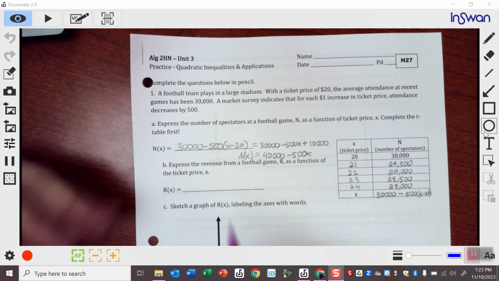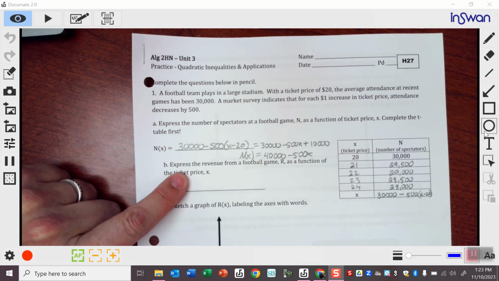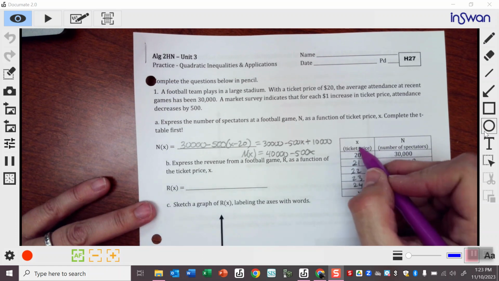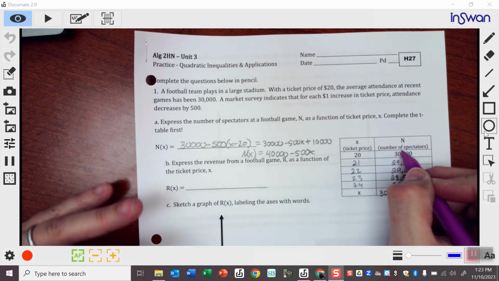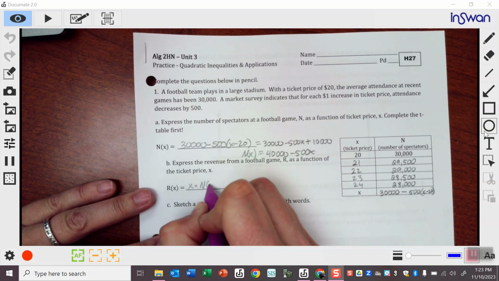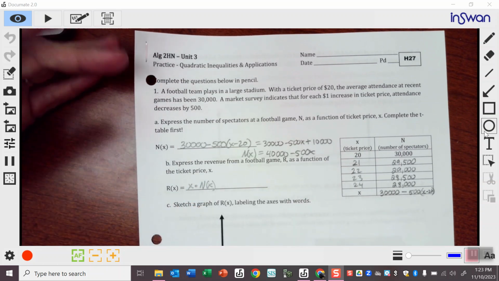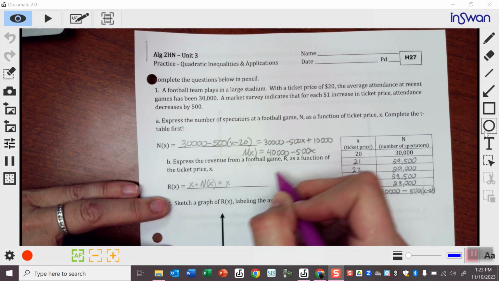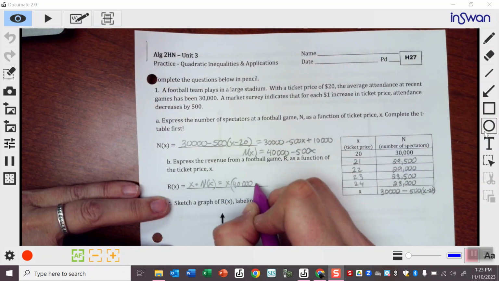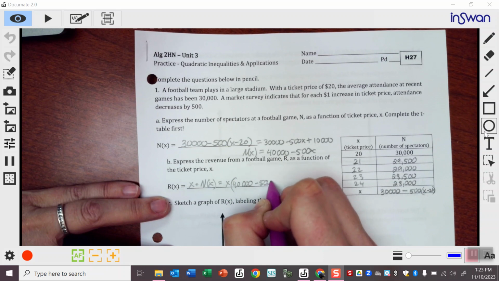Okay, so express the revenue from a football game. Remember, your revenue is going to be however much you charge for tickets times how many people buy tickets, right? So it's x times n of x. That's the logical thing that it is. So we're going to take x and multiply it by what we got here: 40,000 minus 500x.